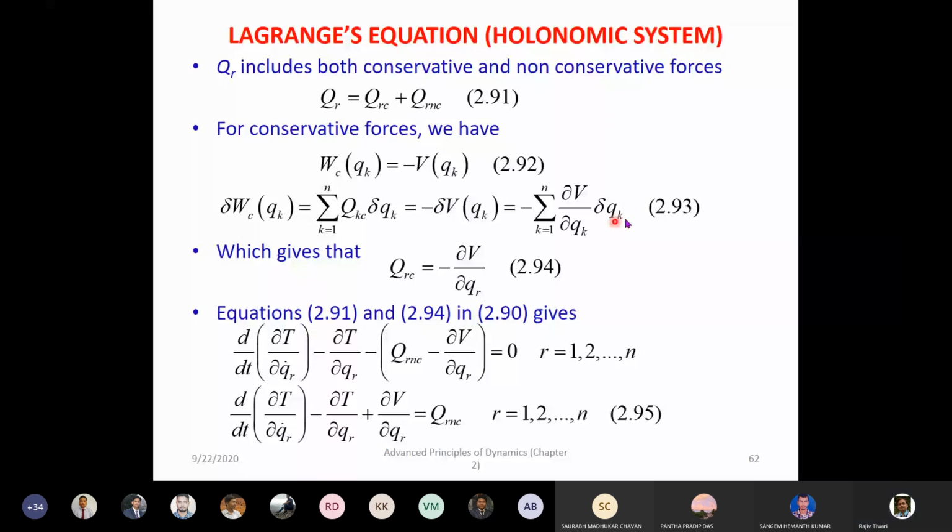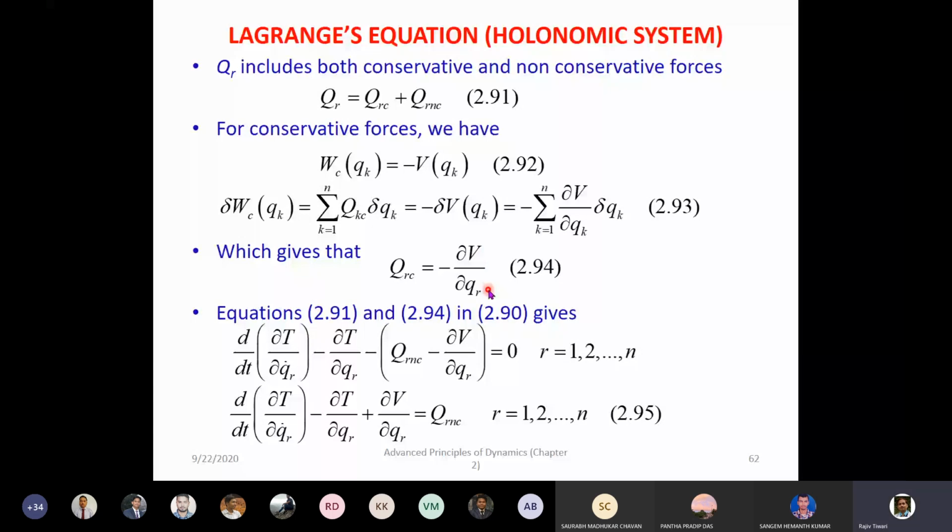This is coming from the conservative work done, and this is coming from the potential energy, because we know they are related, so we are equating them. Now if we compare the second term and the fourth term, we see that the generalized force due to the conservative field is nothing but the negative of the derivative of the potential energy with respect to the generalized coordinate q_r, where r can be 1 to n.